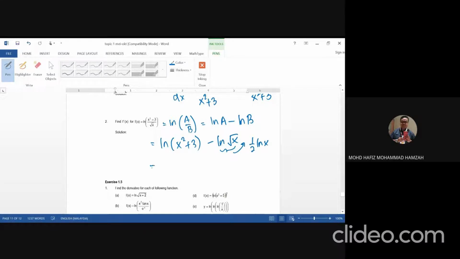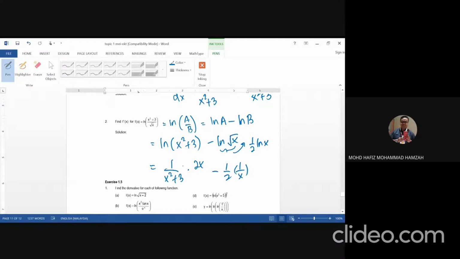Right, so macam atas tadi, ni soalan yang sama kan, 1 over x square plus 3. Then differentiate function inside will give you 2x, and then minus this one, 1 over 2. 1 over 2 differentiate ln will give you 1 over x. So lepas tu susun balik lah.